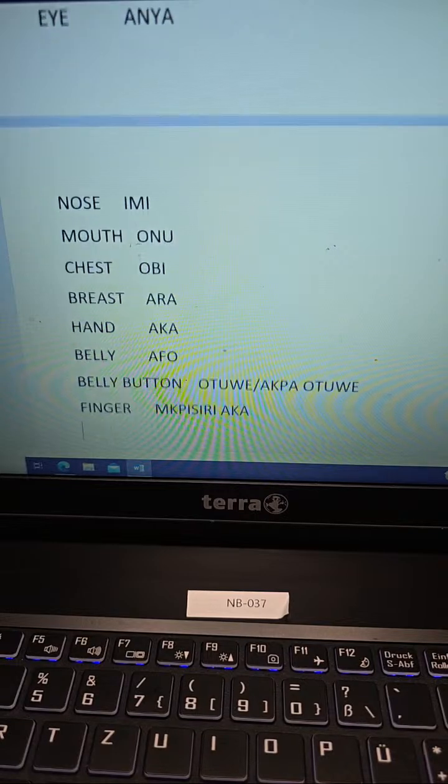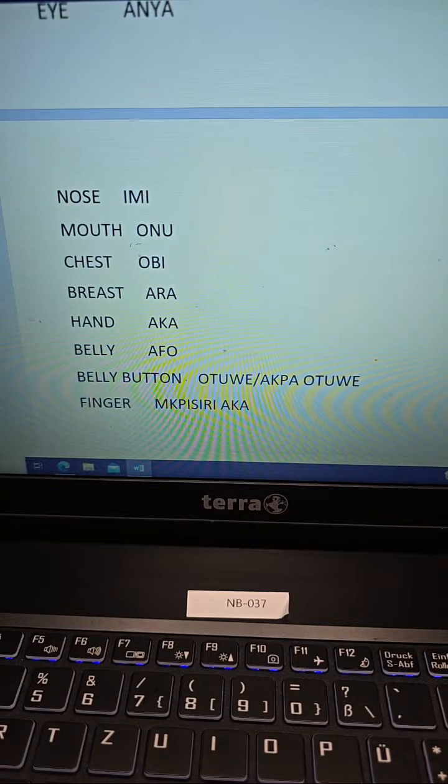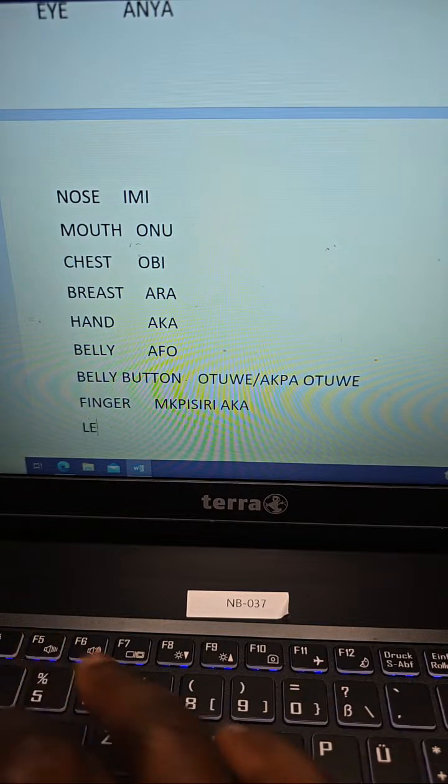Finger, mkpịsịrị aka, or mkpịsịrị aka. Finger, mkpịsịrị aka.